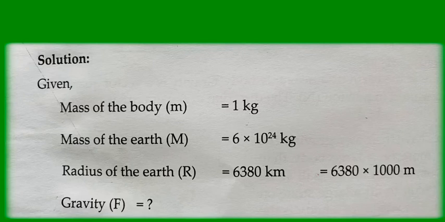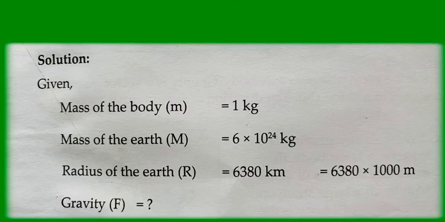Therefore, mass of the body, small m, equals 1 kg, mass of the earth, capital M, equals 6 into 10 to the power 24 kg, radius of the earth, capital R, equals 6380 kilometer. It is not an SI unit, so we have to convert kilometer into meter. It equals 6380 multiplied by 1000 meter.